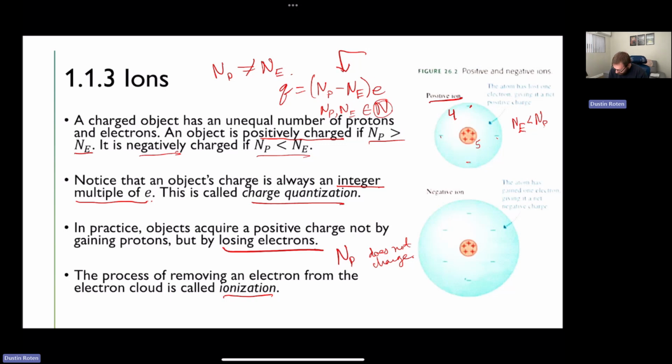Similarly down here, we have what looks like to be five protons and one, two, three, four, five, six electrons. So the number of electrons is actually greater than the protons. And in this case, we know that it's going to be a negative ion since the electrons are dominating.